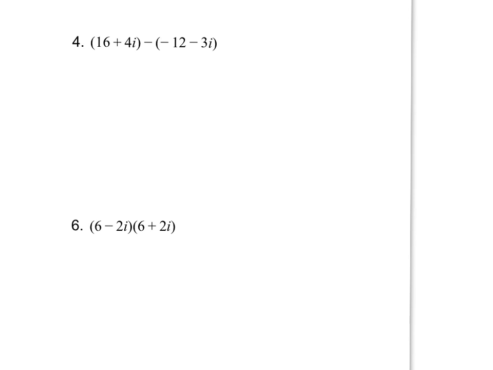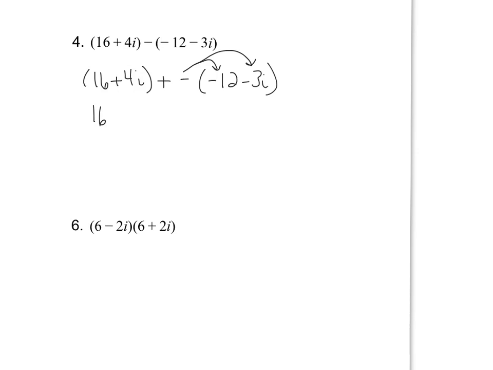Okay, if you look at this one, we have the subtraction of two complex numbers. So we have 16 plus 4i minus -12 minus 3i. So we turn the subtraction into addition, and then we will distribute the negative sign.